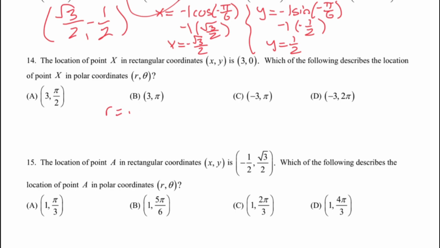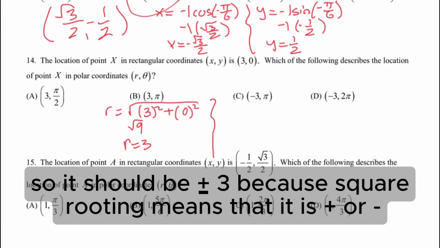R is equal to the square root of x squared, that's 3, plus y squared. Pretty sure this is a distance formula, so you're basically finding the distance. So it's the radius. That's 9 plus 0, which is square root of 9, so r is equal to 3.